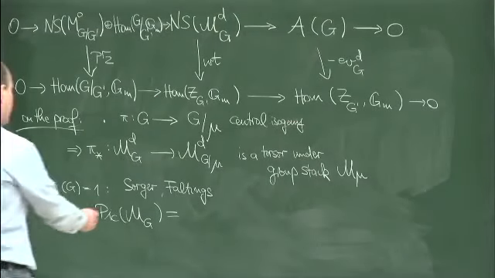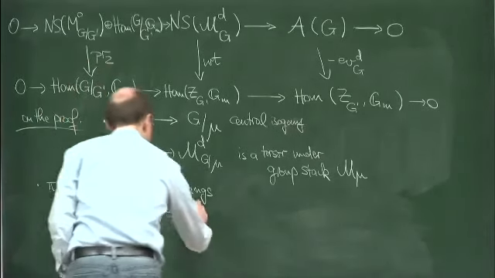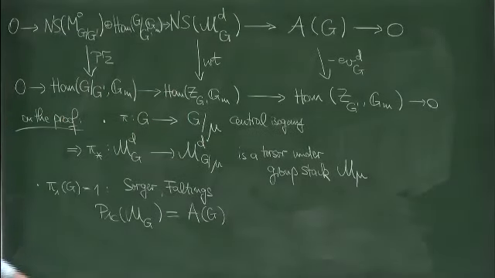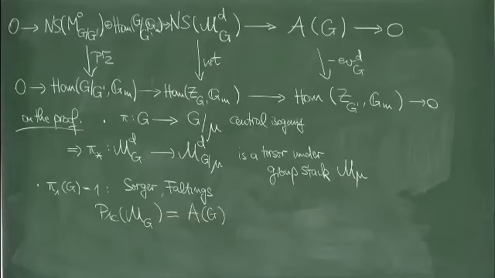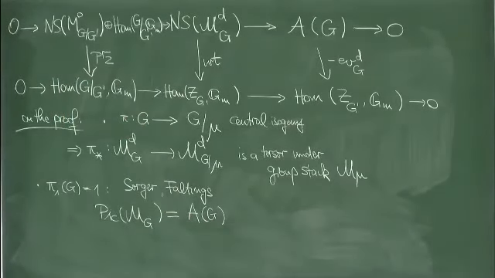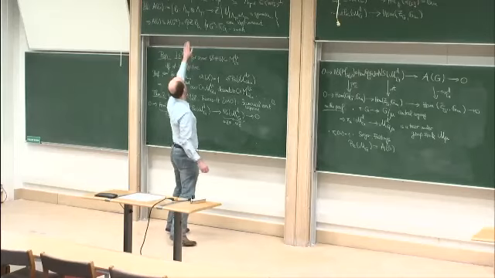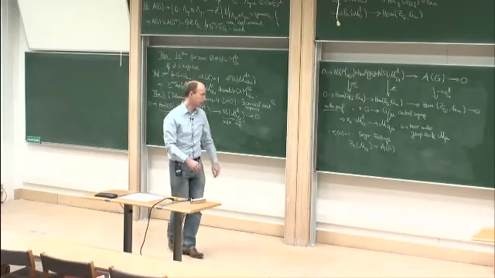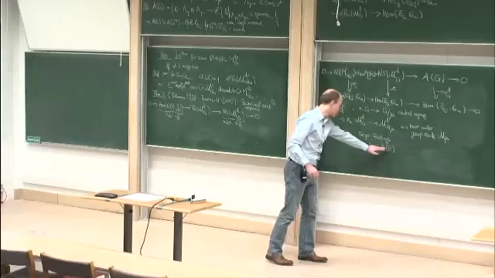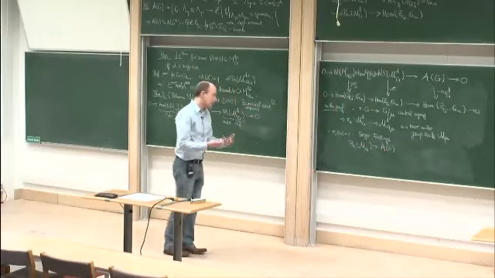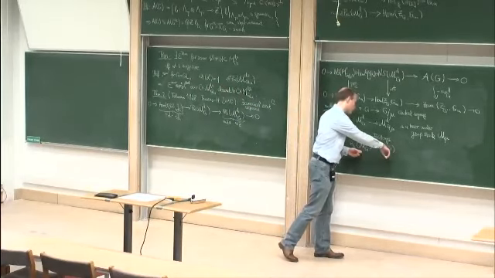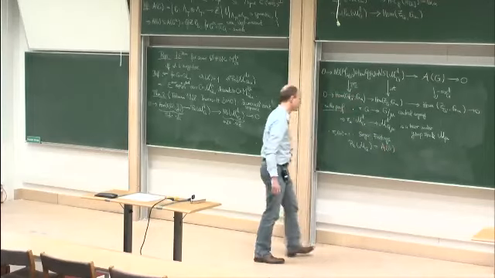Which means if we have several factors, then it is one copy of Z for every simple factor, and that is also exactly what this combinatorial group was in the simply connected case here. So from work of Sorger and Faltings you get that, although this isomorphism is given rather artificially, both are one copy of Z for each simple factor.